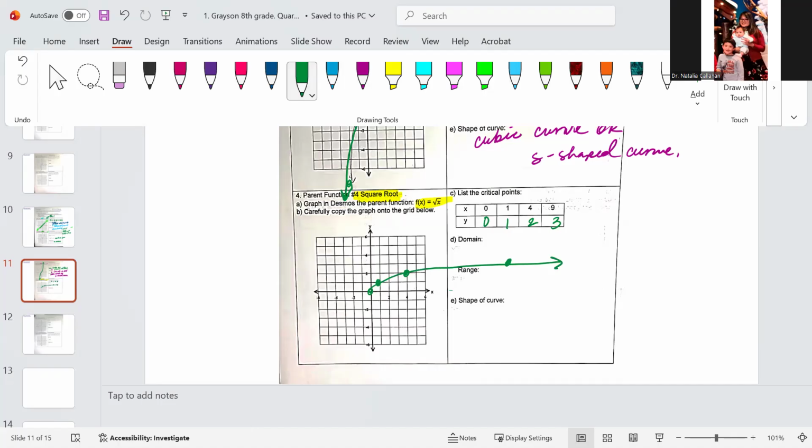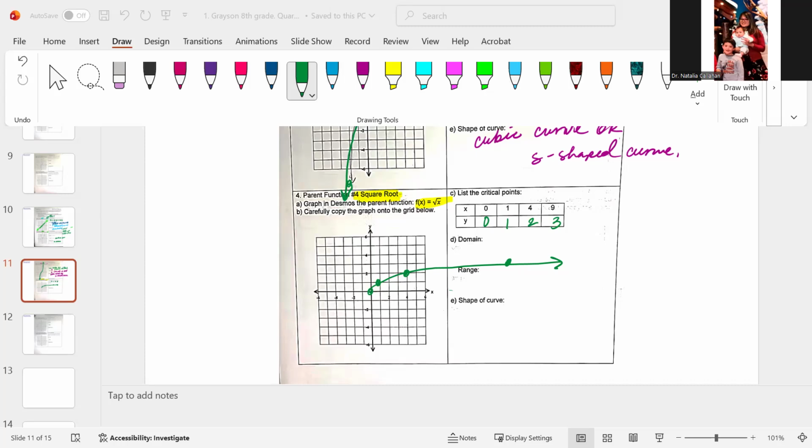What's the domain and range? Let's see, for my domain, 0 and 1. No, that's saying it's 0 and then it's also x equals 1, and that's it.